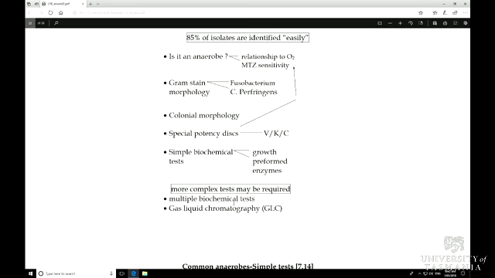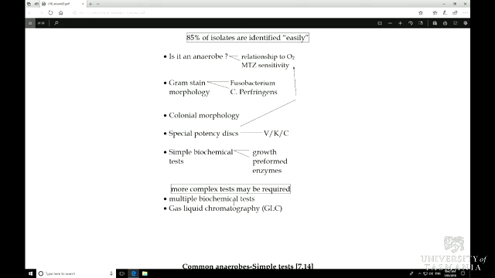Or you make your suspension in saline to make your lawn plate, put some of your inoculum on this plate and some on a blood plate in air. If this grows, you know this is not an anaerobe. Don't be sucked into thinking you just do this disc. Always, number one, prove the bug's an anaerobe first, or at the same time.